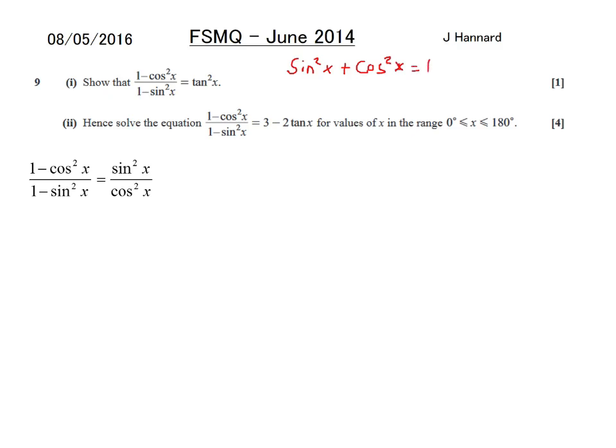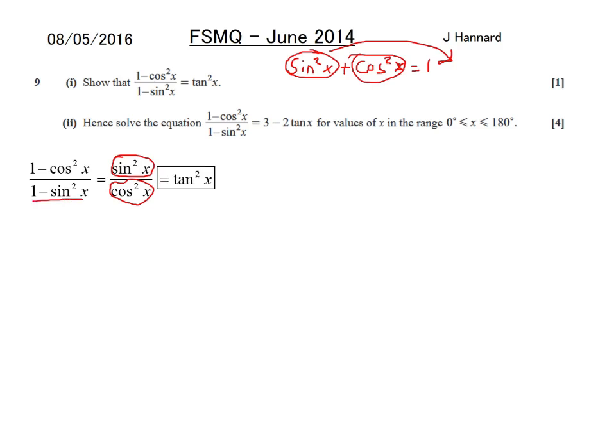So we can manipulate this to get sine squared on its own, which is up here, and cos squared on its own, which is down here. Obviously you'd shunt him over the other side for cos squared, you'd end up with 1 minus cos squared equals 1 minus sine squared, which is this here, so that's where that comes from.